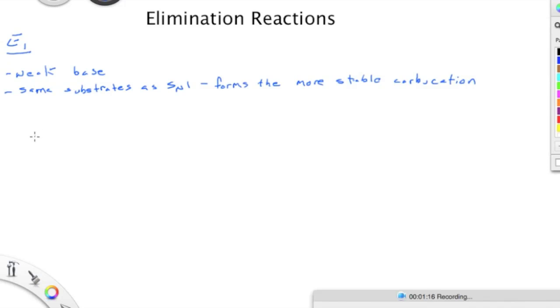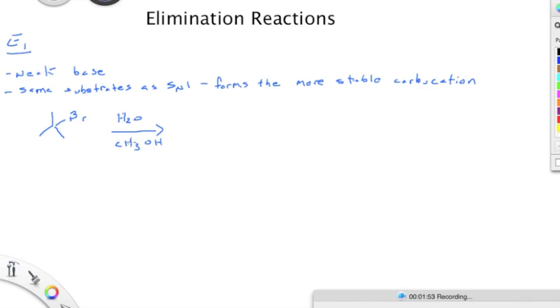Okay, so as an example of this, you might think of something like t-butyl bromide, and we're going to react this with some water and some methanol. The methanol is just there to help solvate everything. So we'll just say water and a little bit of methanol. Mostly we'll have water in solution.